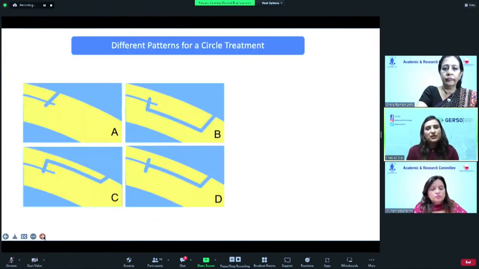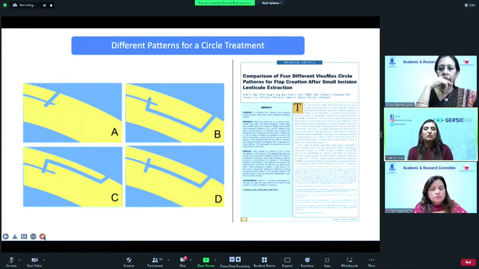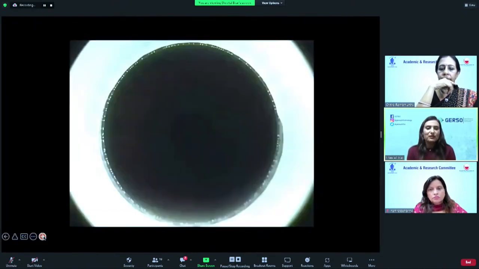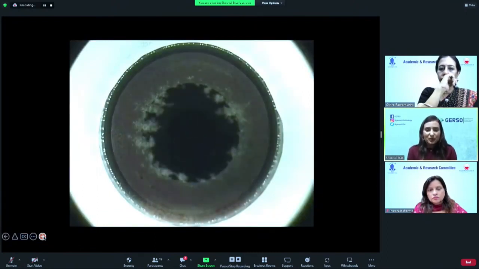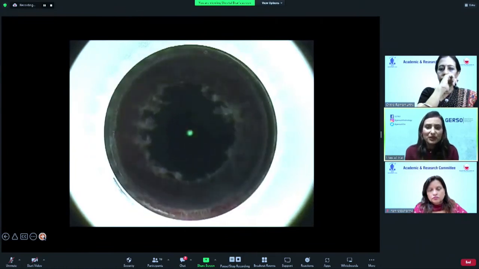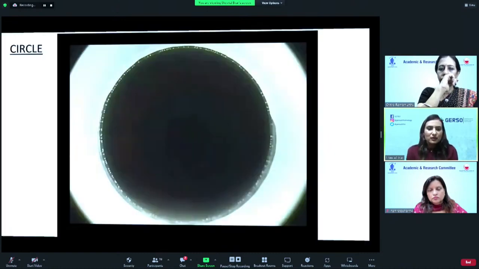So depending upon the relationship of these three cuts, there are different patterns of CIRCLE treatment available: pattern A, B, C, and D. D is probably the most commonly used and has also been shown to have easy flap lifts, and there are not many difficulties faced with this type of pattern. So this is the CIRCLE software being used for enhancement, the lamellar ring creation as well as the side cut.